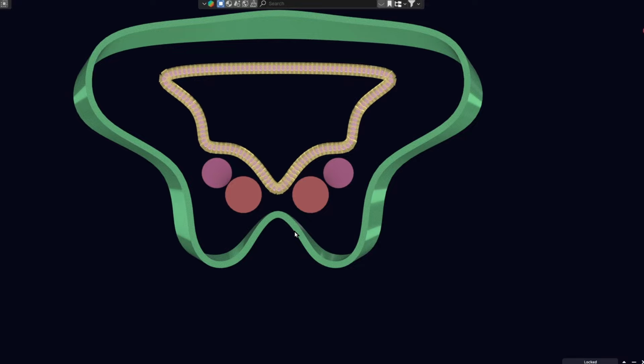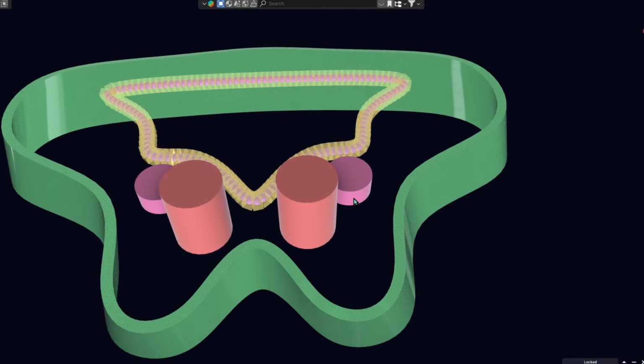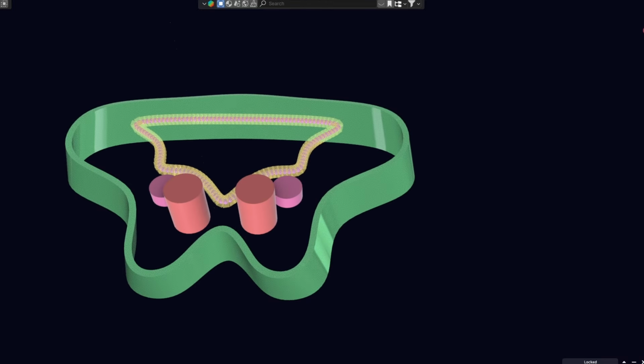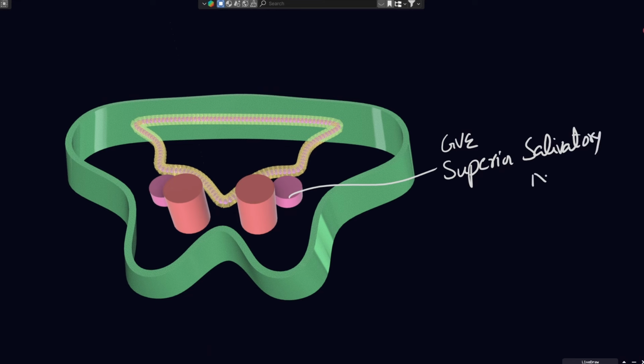So in this case, this nucleus is basically the superior salivatory nucleus. Let me write it here: first it is general visceral efferent, and it is the superior salivatory nucleus.